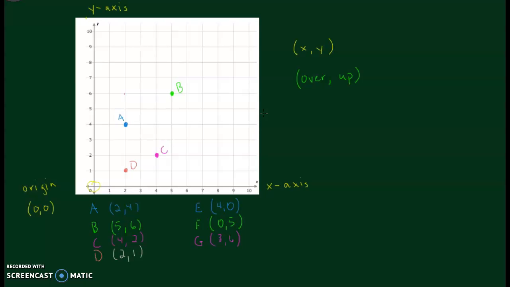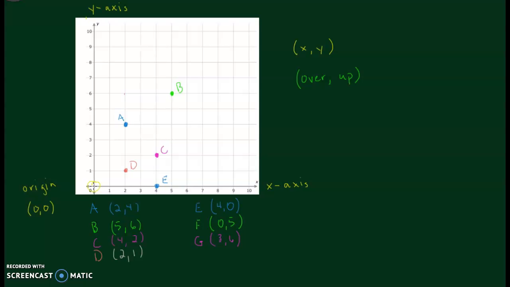For X, remember, X is the first one. That's over, so we're going to go away from the origin 4 spots. And the Y, we're not going to go up any. So point E on this coordinate plane is going to be right here at 4, 0. For F, 0 is the first one, so we don't go away from the origin at all.